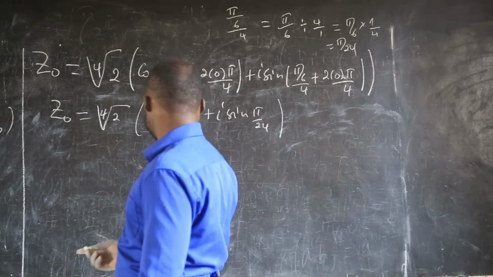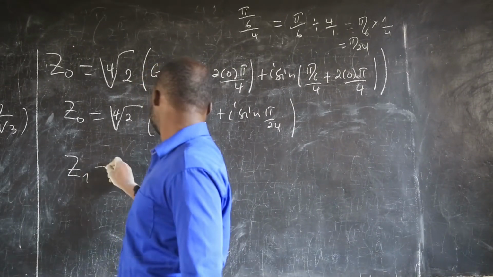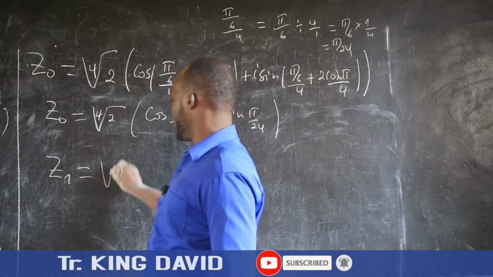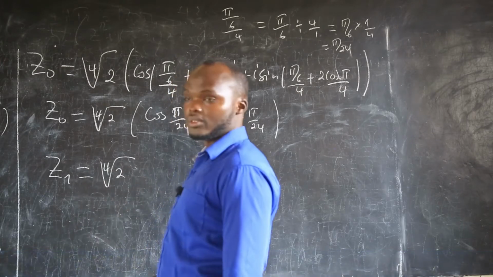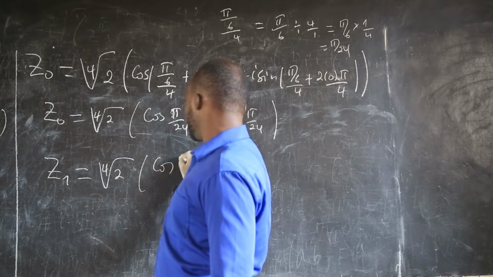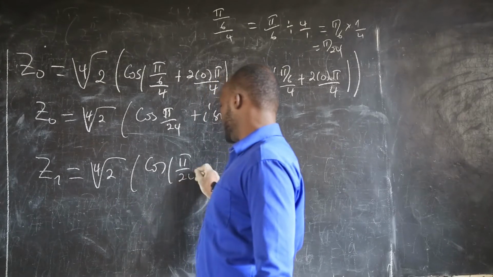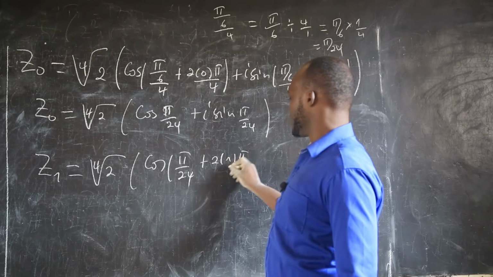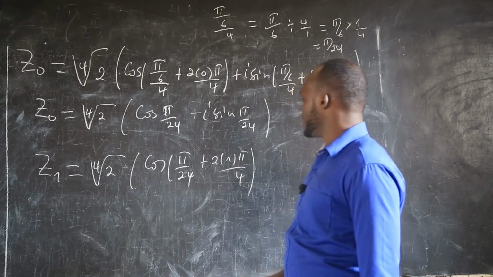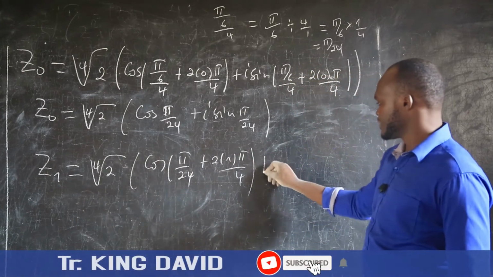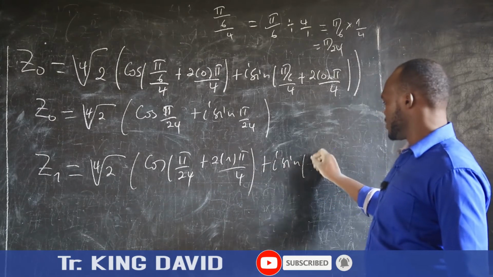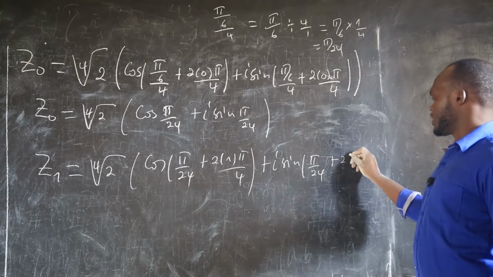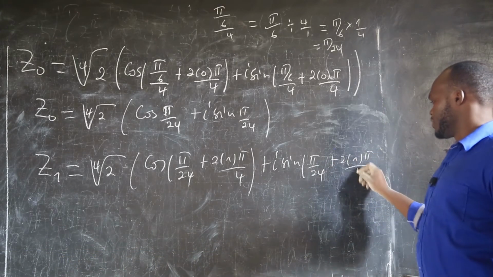That is z0. What is z1? z1 is the fourth root of 2 into bracket cos pi over 24 plus 2 into bracket 1 pi over 4, plus I sine pi over 24 plus 2 into bracket 1 pi over 4.